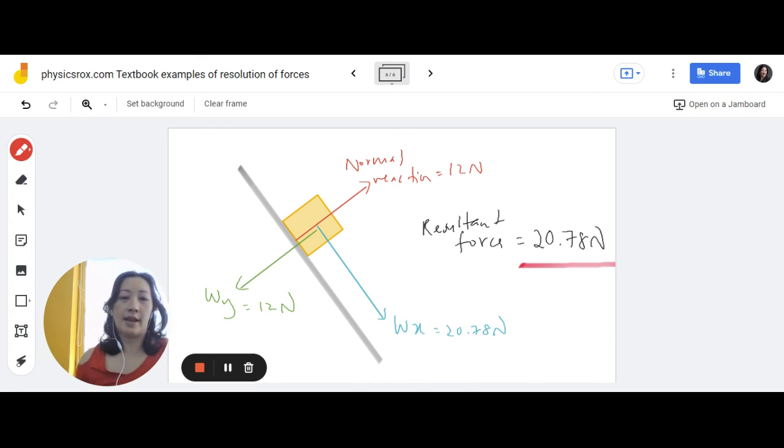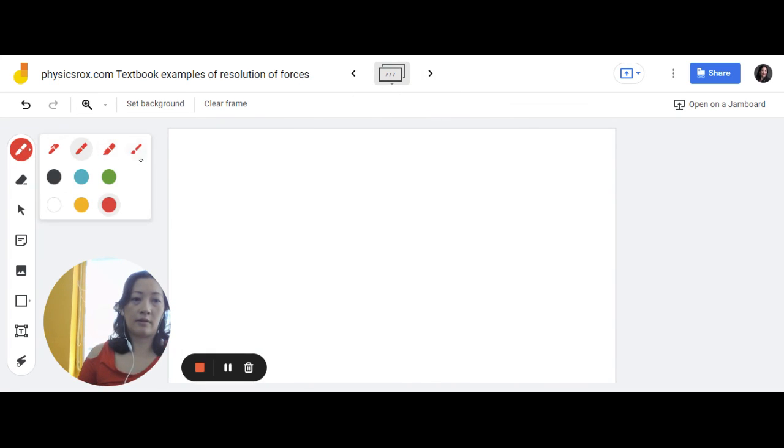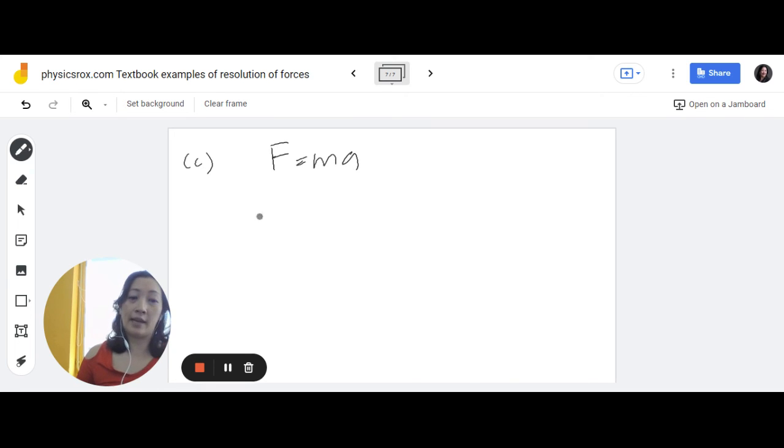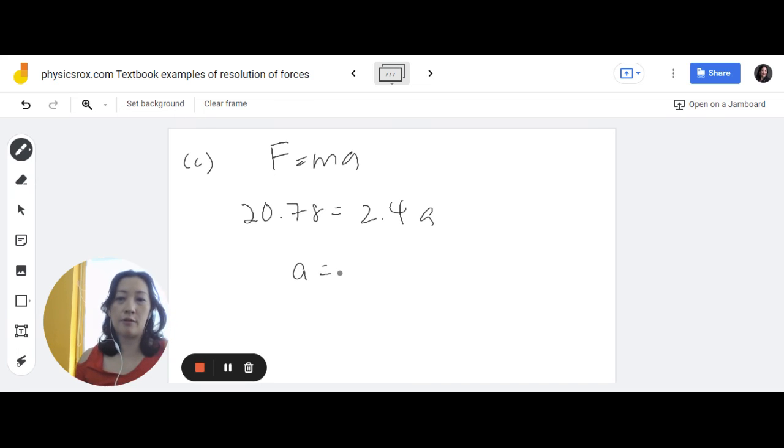So that's why in the end, your answer is only 20.78. Then finally, to calculate the acceleration, it's just F equals ma, taking the resultant force of 20.78, and the mass is given as 2.4, I think that's the question. Yep, 2.4. 2.4a, you calculate, and that's how you get 8.66 meters per second squared.